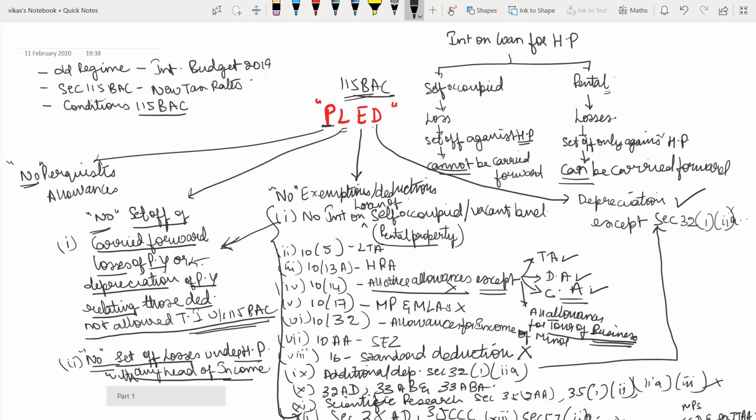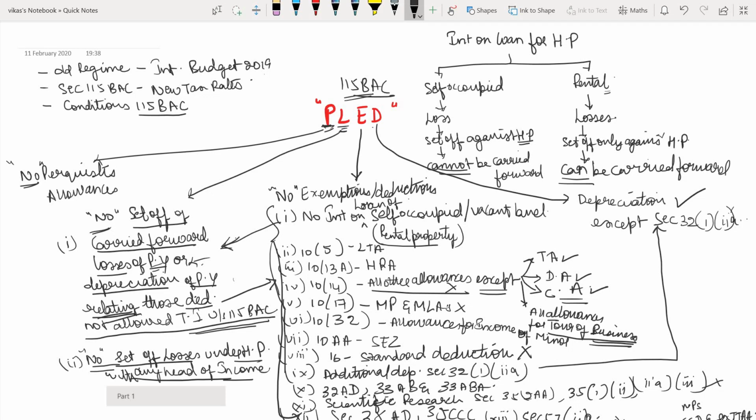So note over here, the following are the conditions which can be abbreviated as PLED. P stands for no perquisites and allowances will be allowed as deduction. L stands for no set off of carry forward losses of the previous year and no set off of depreciation of the previous year which are related to the deductions which are given over here.